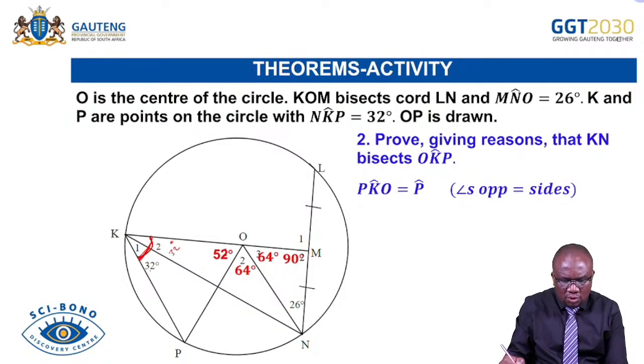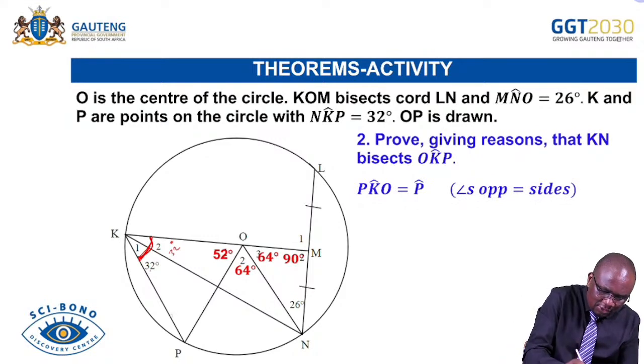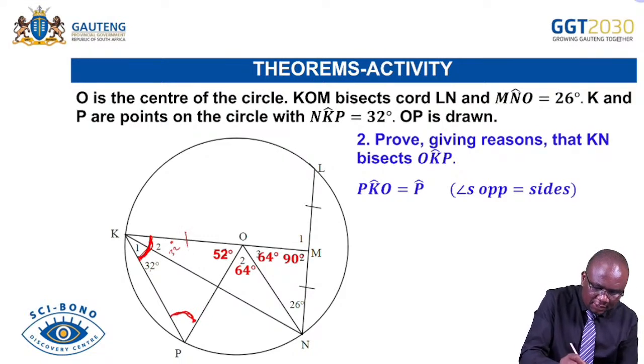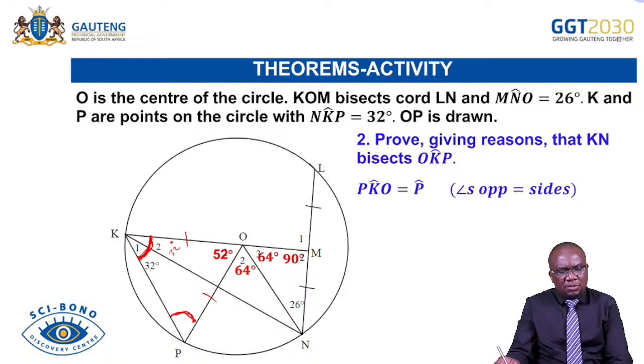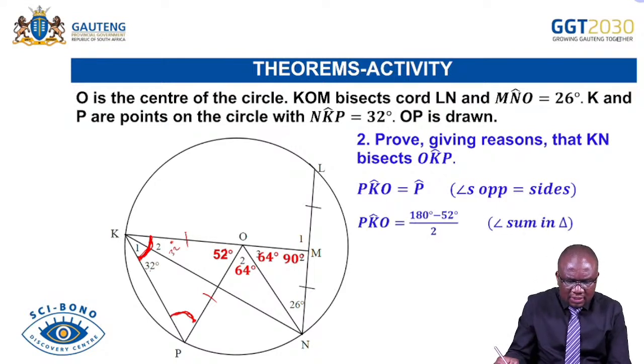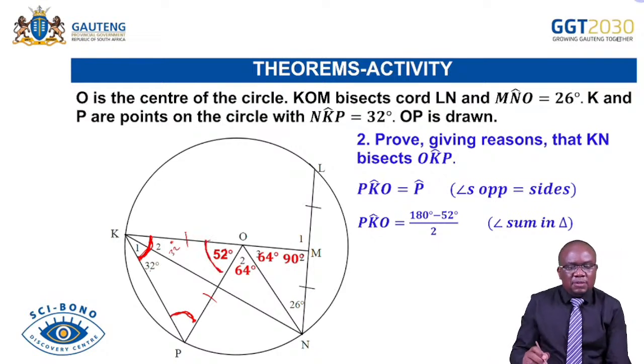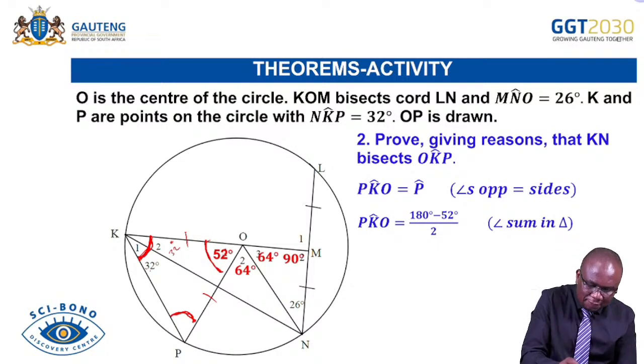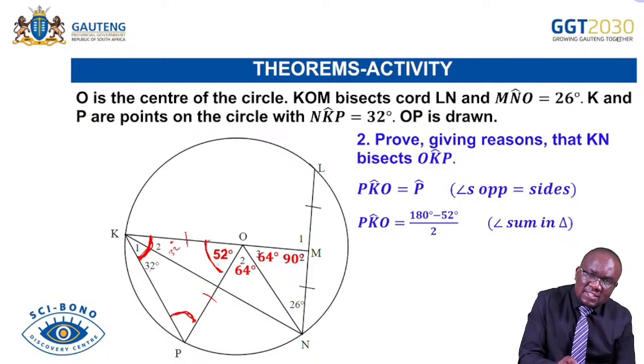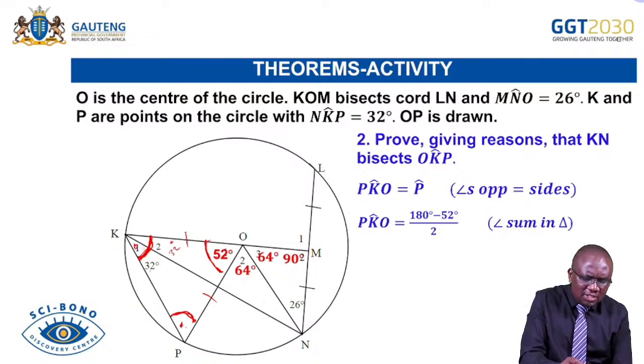Right, PKO is equal to this angle. These two angles, the ones I've marked in red, are equal. Why? Because OK is equal to OP, so angles opposite equal sides are equal. Right, and then we have 52 here. So we subtract 52 from 180 degrees and divide the answer by 2, and we'll get these two angles, because these two angles are equal.